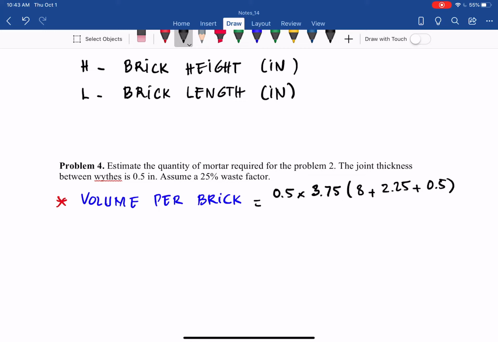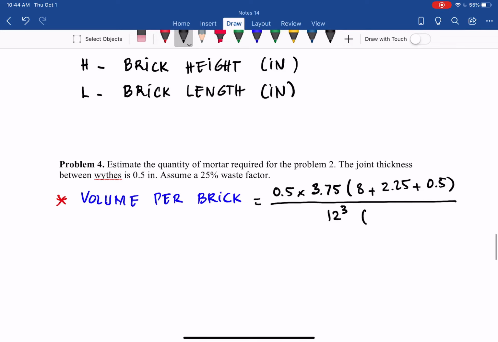We have to convert that from cubic inches into cubic feet, so we divide by 12 to the power 3.